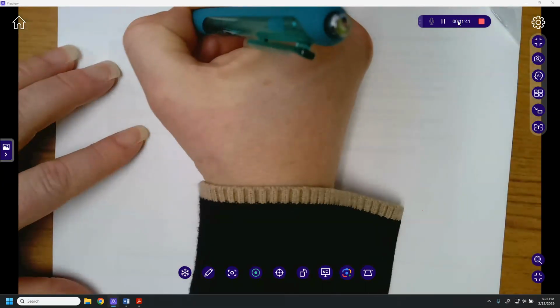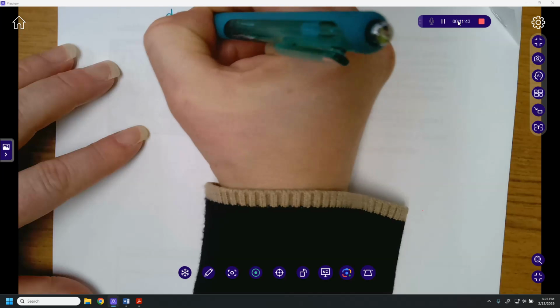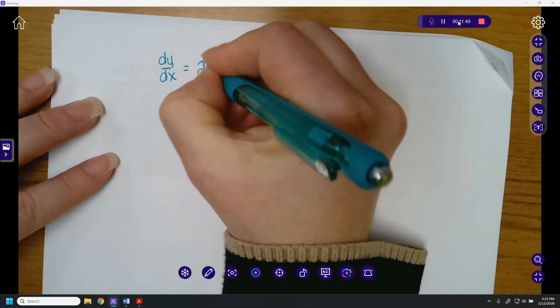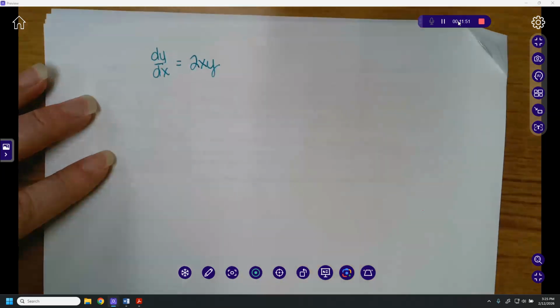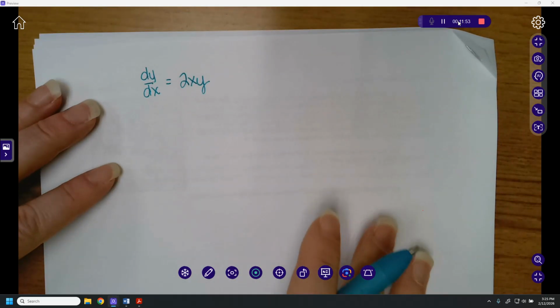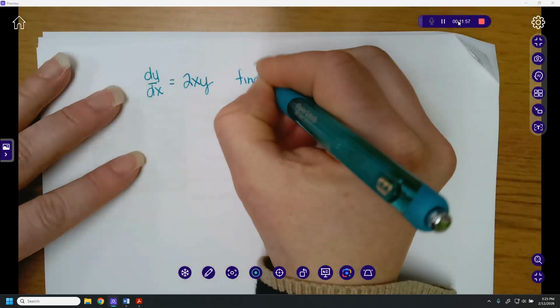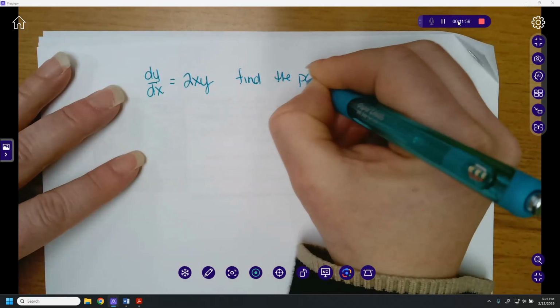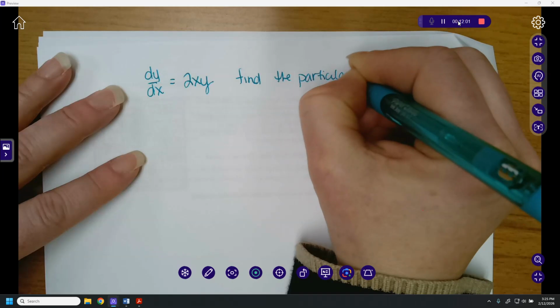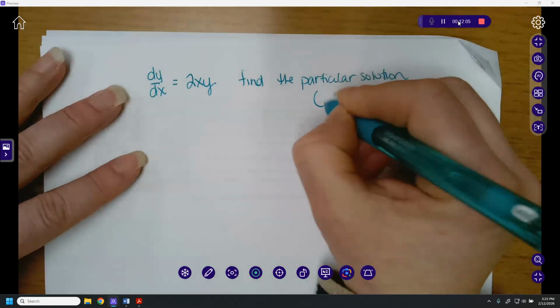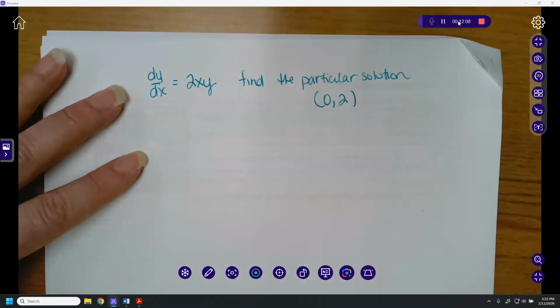Okay, so suppose we had the differential equation dy/dx, and this time I'm going to tell you it equals 2xy. And let's say I want to find a particular solution that goes through the ordered pair (0, 2).